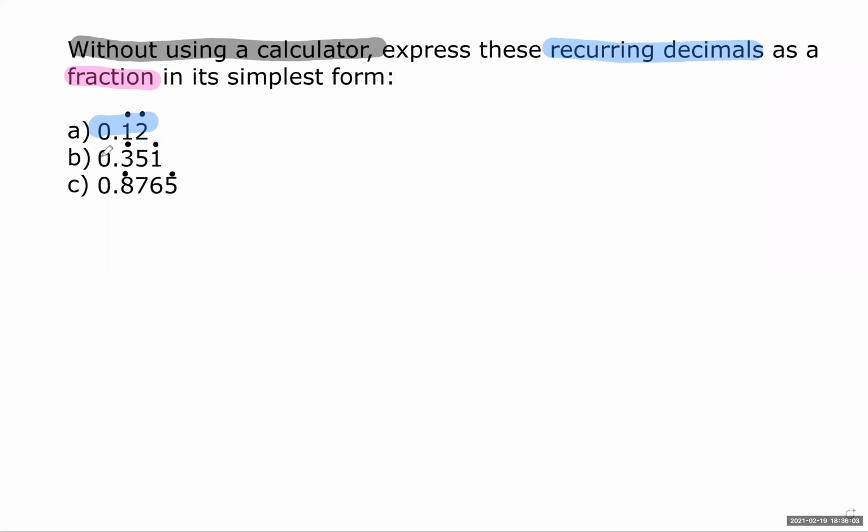All right, so the next question, B, is 0.351 with recurring dots. So what does that mean? That means this is 0.351351 and so on and so forth, correct?